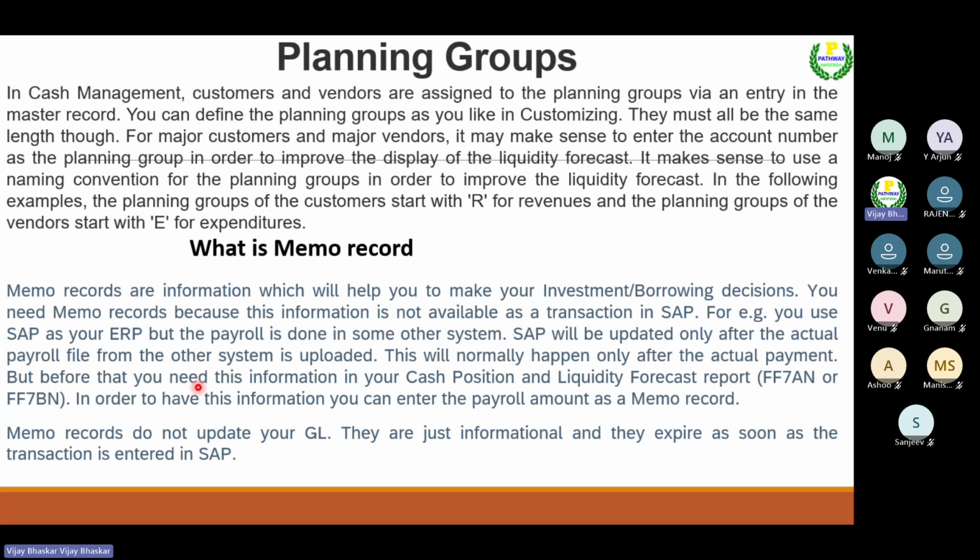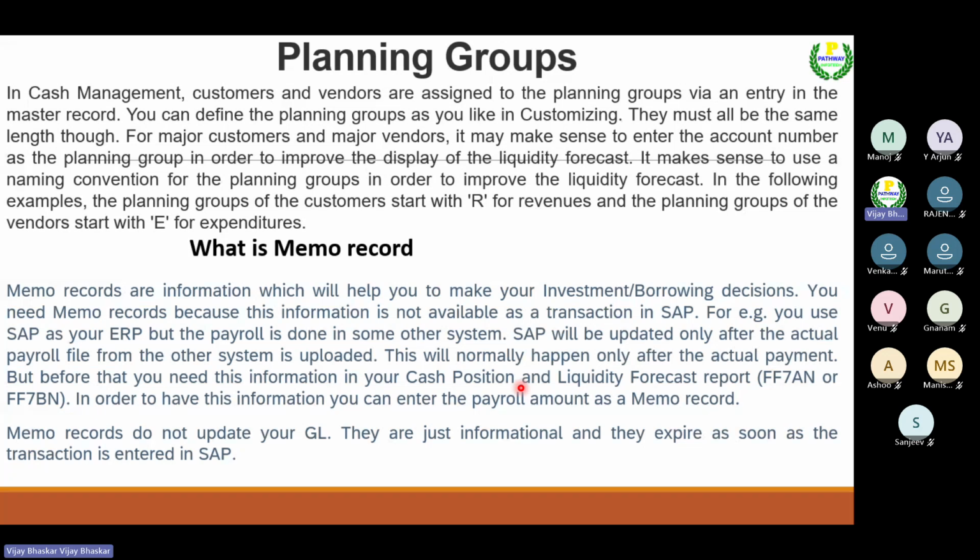But before that, you need the information in your cash position. Workday is some other application, and some other team, the HR team, is handling that. They are ready to initiate payments, or they have already initiated payments.